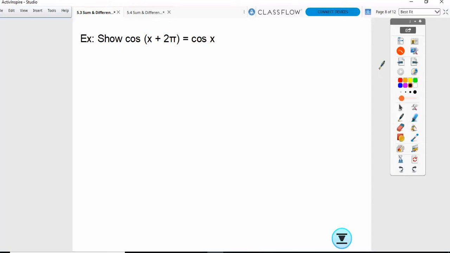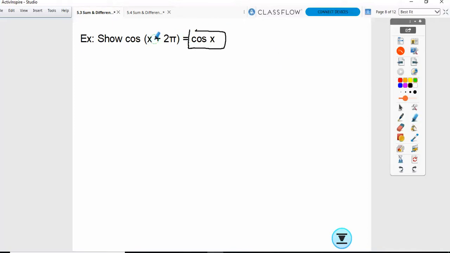Let's try a proof of this. Which side would you box in? The right.